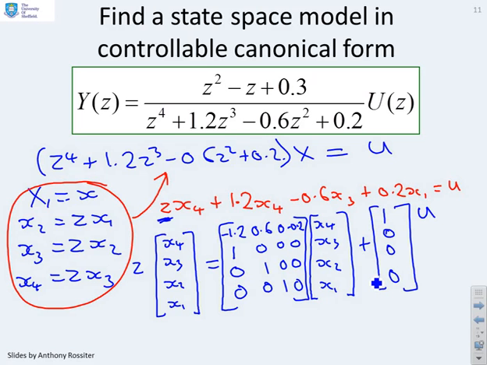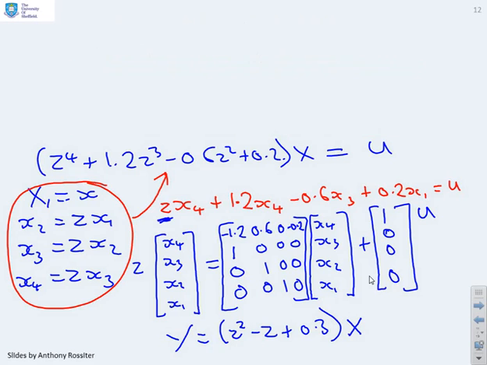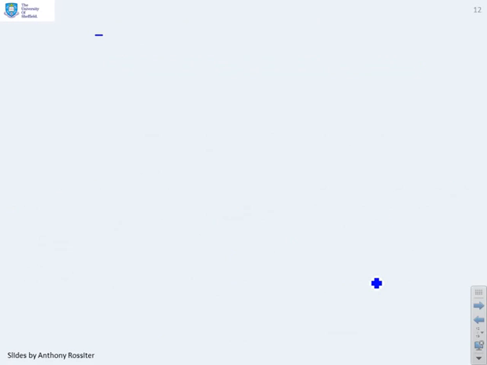And now I need to ask myself, what is the output? Well, the output Y is given by z squared minus z plus 0.3 times the x that I got from my original problem. So now I need to go to a new page, and you'll remember that z squared x was given.